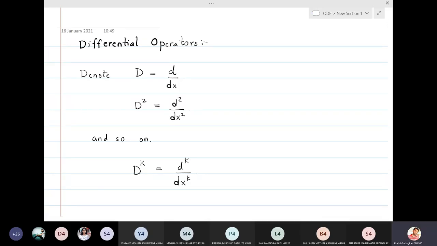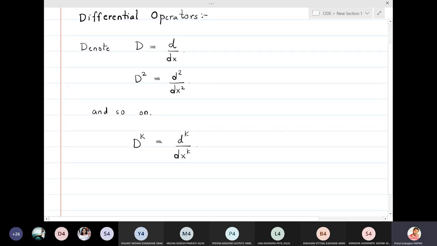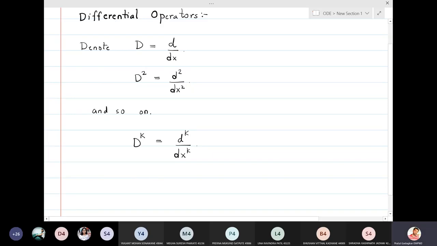Now I will take these derivatives and put them in a combination. Suppose I take constants a naught, a1, a2 up to an. I'm taking these as constants which are real numbers.